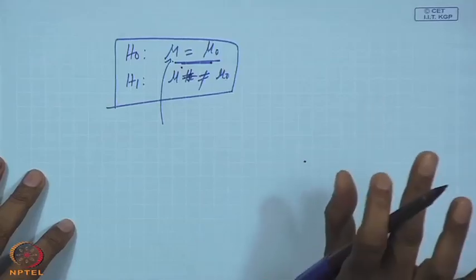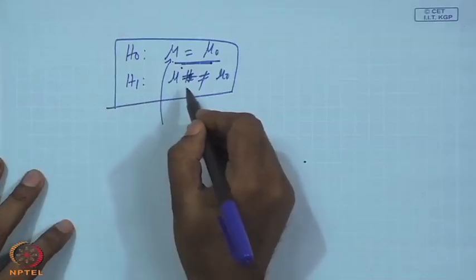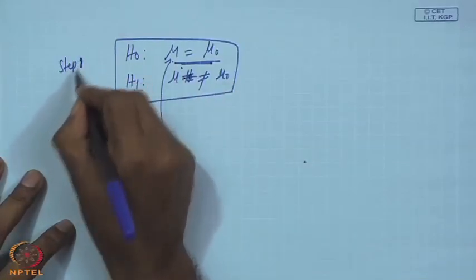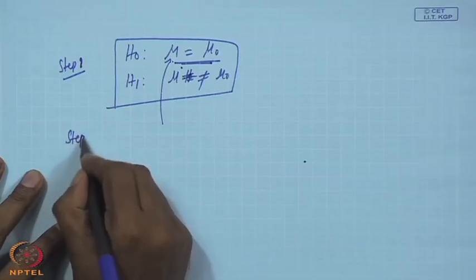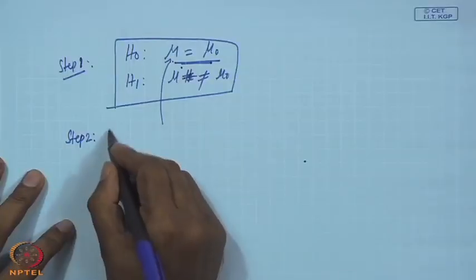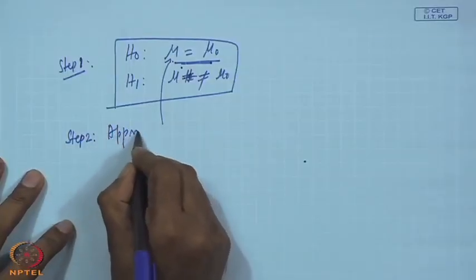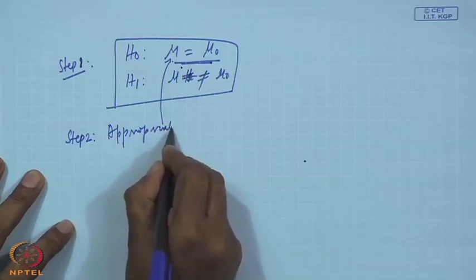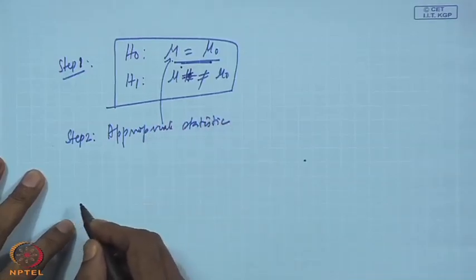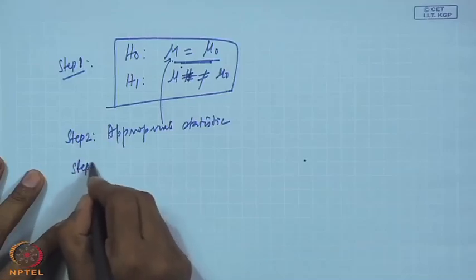So, in hypothesis testing, the steps are find out the null hypothesis and alternative hypothesis, that is your step 1. What will be your step 2? What I have given you in univariate case? You have to find out the appropriate statistic. Then what will be your third step?